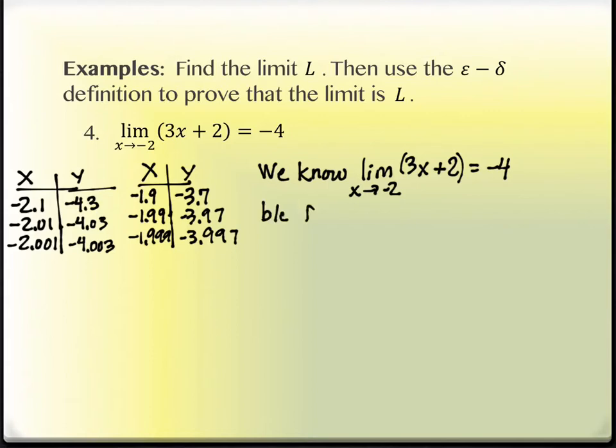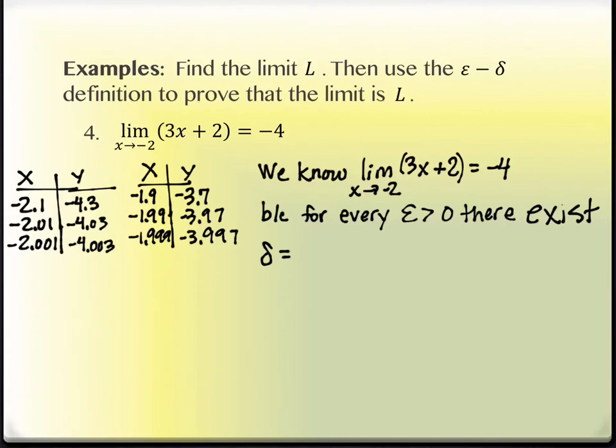Because for every epsilon greater than 0, and we'll find this value in a minute, there exists a delta equal to something. I'm going to fill in what it equals in a minute, but the structure is going to look the same every time, with everything I'm writing down, just with a different limit equation in there.